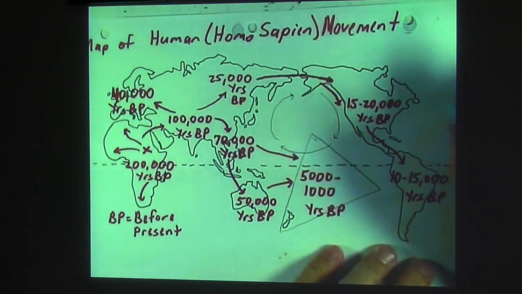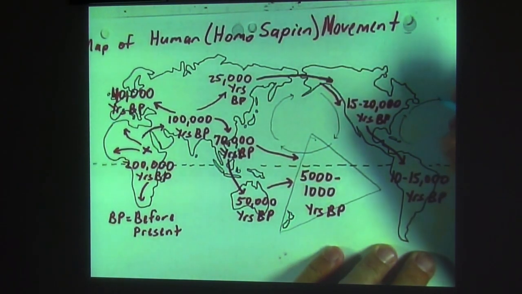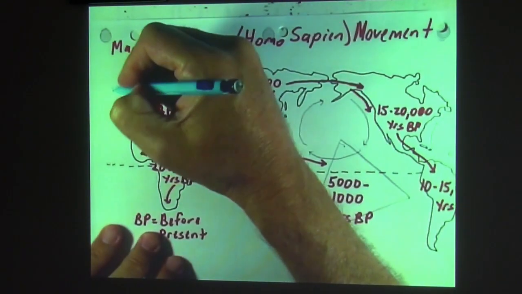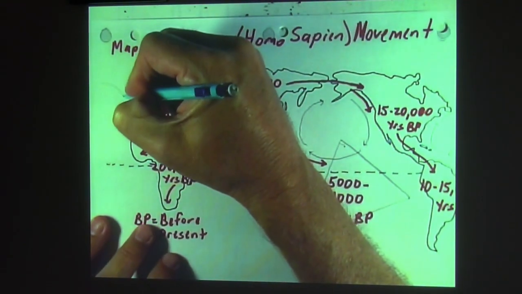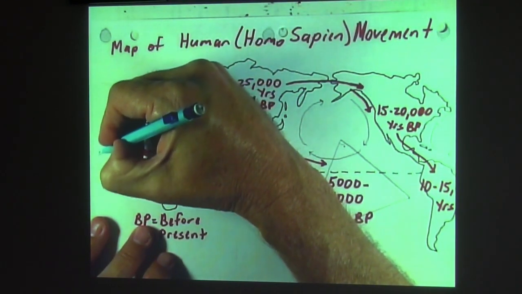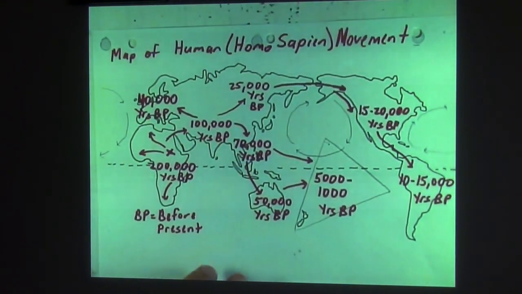So in the northern hemisphere, they would rotate thusly. On the other side of my map, they would come like this. Now you can probably already see what I'm talking about here. There's a lot of discussion and debate about the Americas and how populated they were.